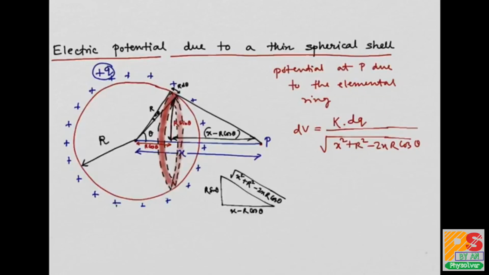Now putting the value of dq here, q by 2 sine theta d theta divided by root over of x square plus r square minus 2xr cos theta, right? Again, potential is a scalar quantity, so to find the net potential due to the entire shell we have to integrate this expression.